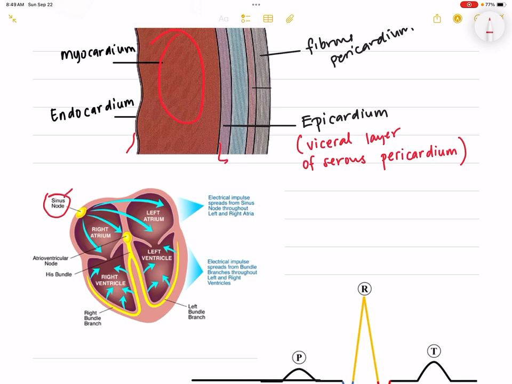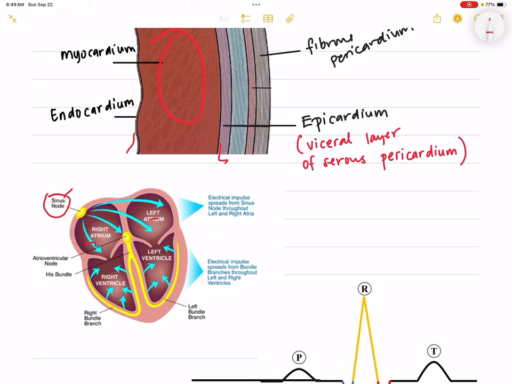It initiates all heartbeat and determines the heart rate. So, electrical impulses from the SA node spread through both atria sa babaw. So, ga-spread siya throughout both atria and stimulate them to contract. Di ba? Ma-contract na sila kay ma-pump naman sila pakadto sa aton nga ventricles.